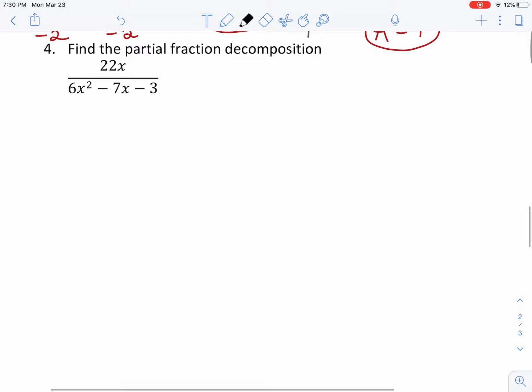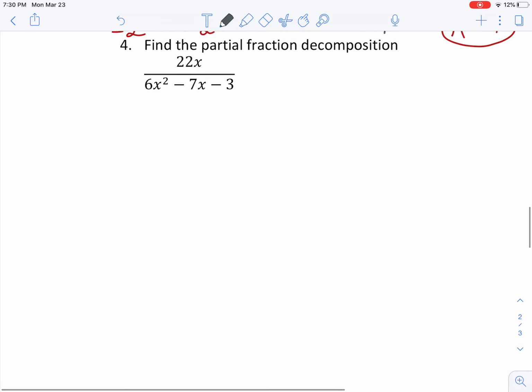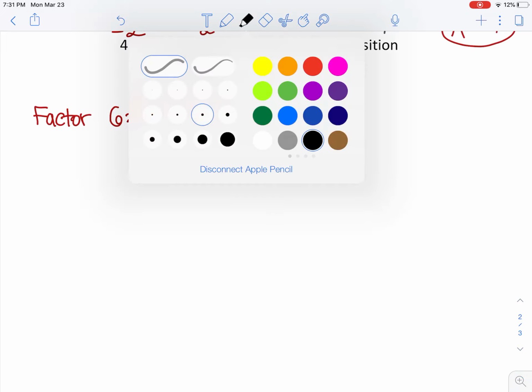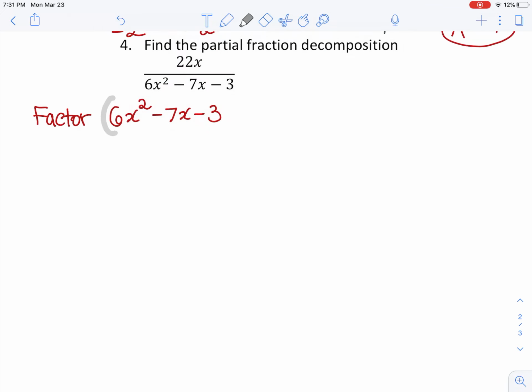Do the partial fraction decomposition, but notice, remember I asked you to practice factoring. Okay, but I've been using the same method ever since the beginning of the semester, and you know how I usually do this.